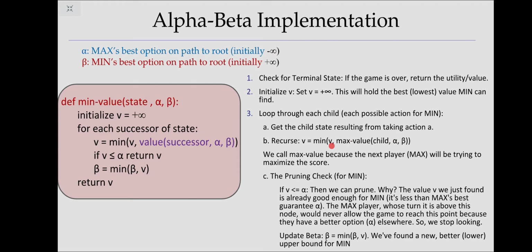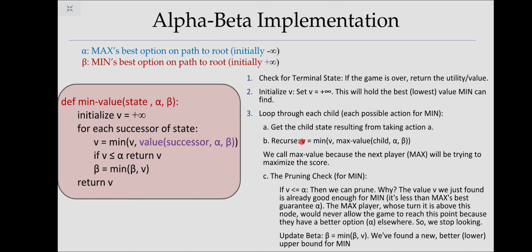If the minimum is v, we do not have any change in the v value, but if the minimum of v and max value is less than v, we update v. In this case, we consider the process for any max player as the child.